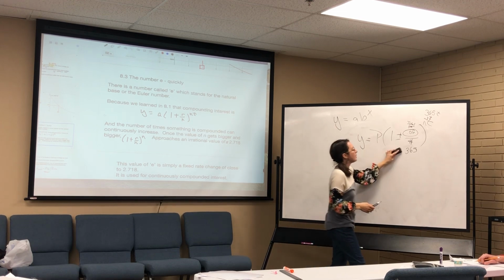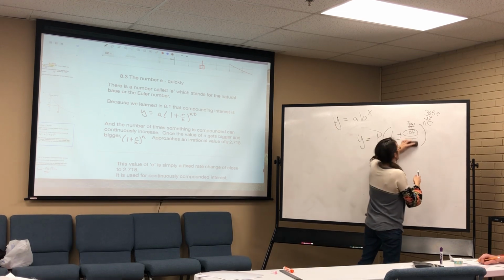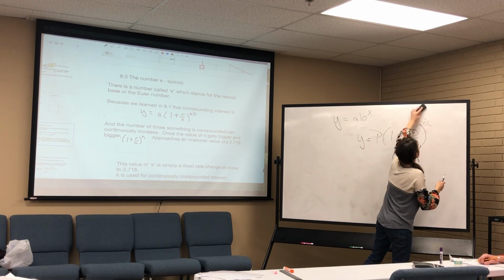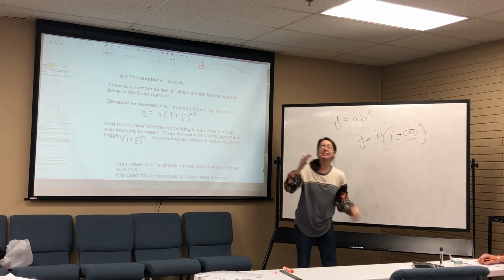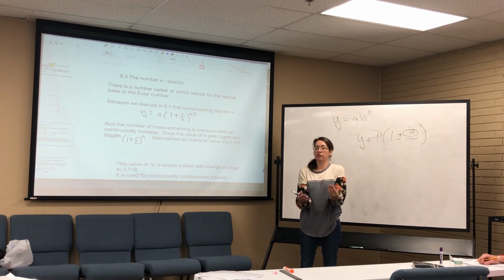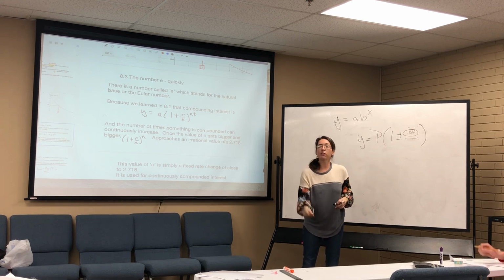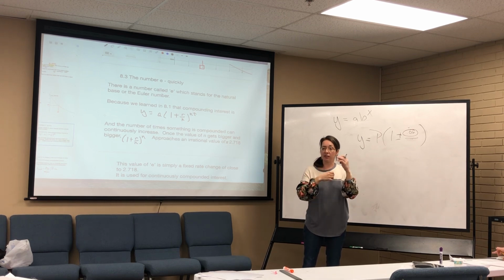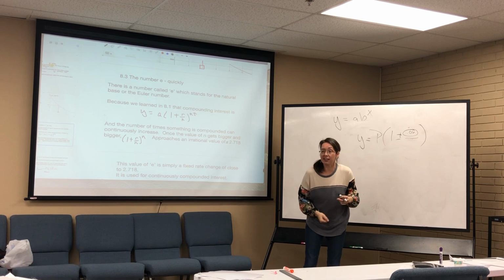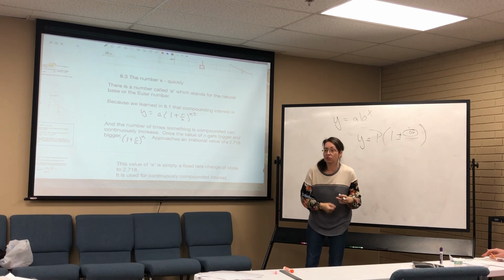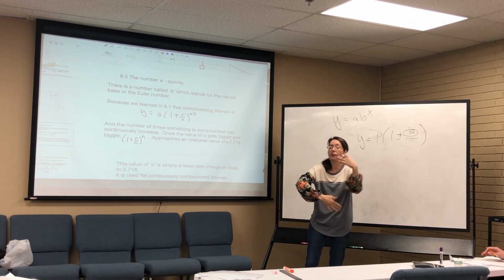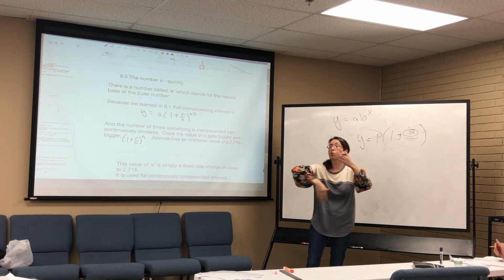So this is daily. What happens when it's called continuously compounded? That means every minute it's changing. Every second it's changing. Every millisecond it's changing. It's continuously compounding. It's that ball that's now rolling over.